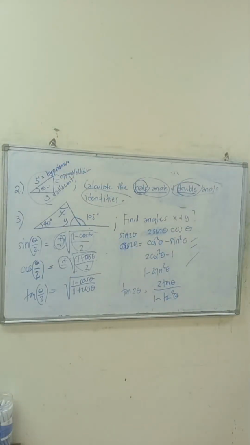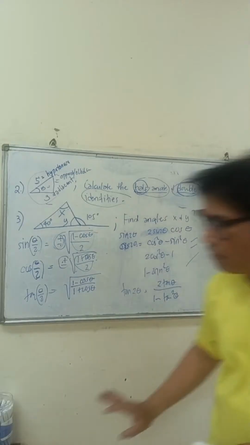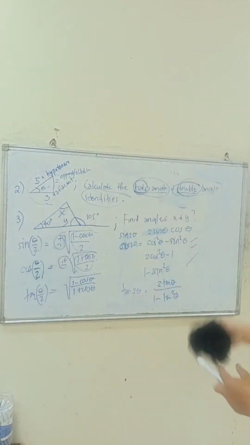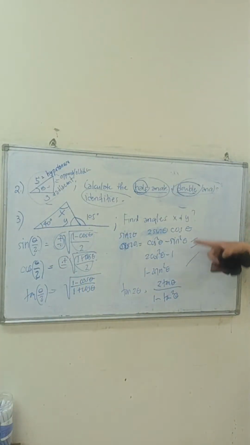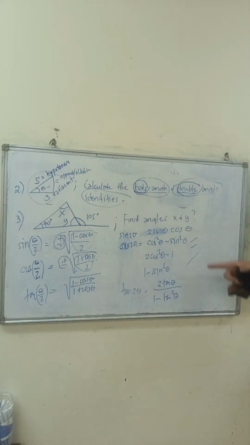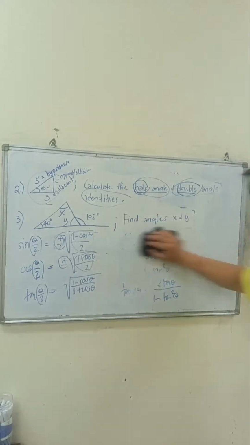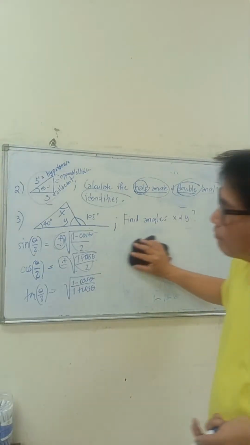But I don't need to show you how it is being derived, because there's no more time. We go directly. Other stuffs here can be done by derivation, but I don't have to show it because it will consume our time.